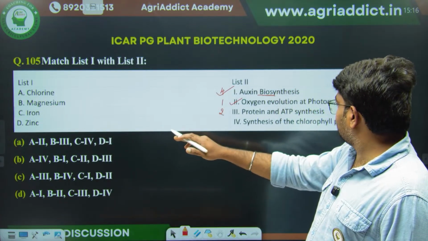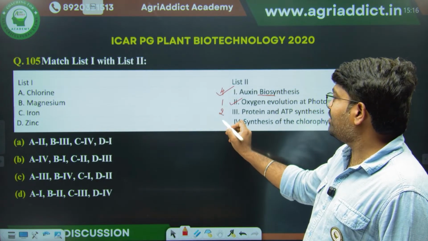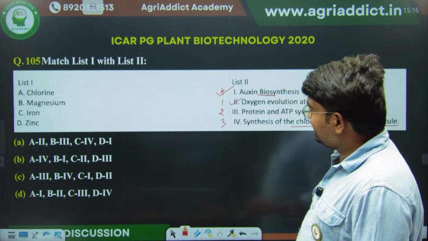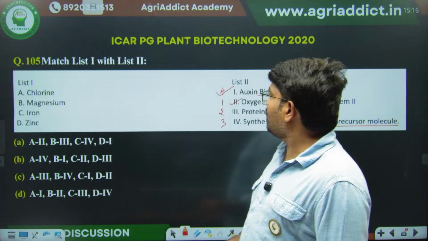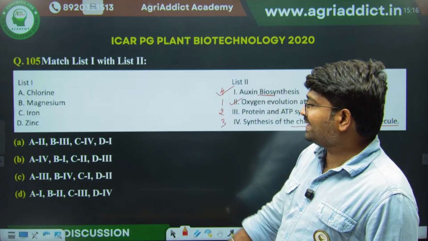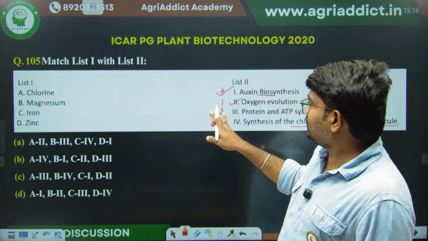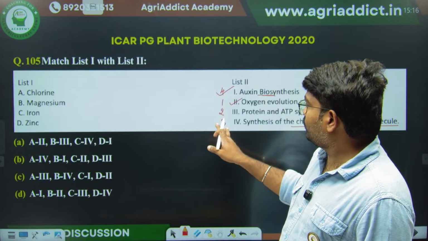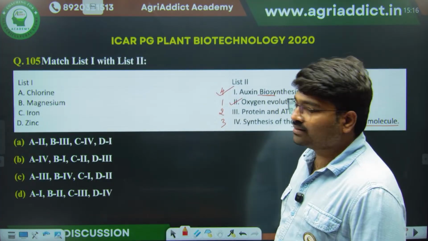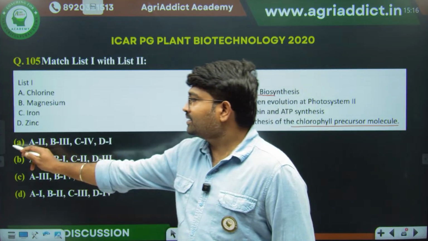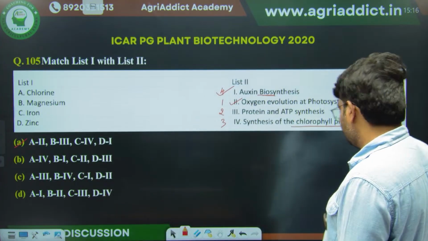Then iron. Iron will be involved in synthesis of chlorophyll precursor molecules. So A will come option 1, B will come option 2, C 4 and D 1. Clear? This will be the right option.